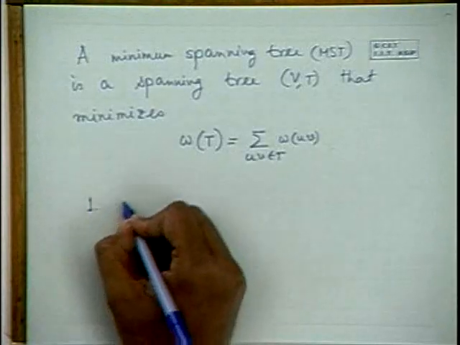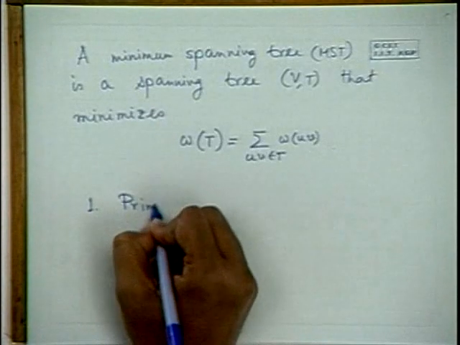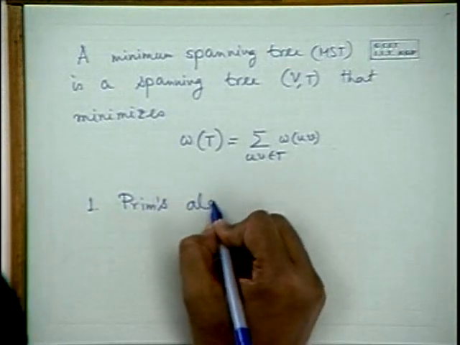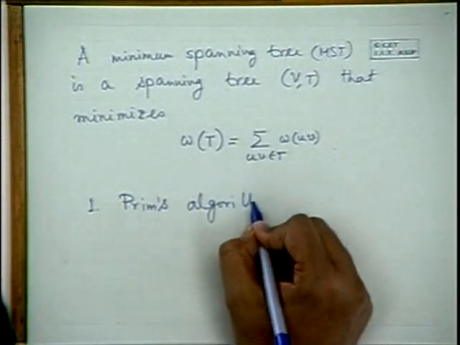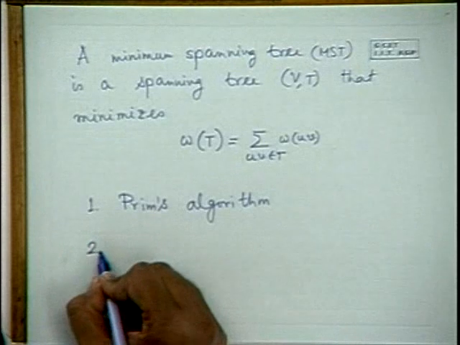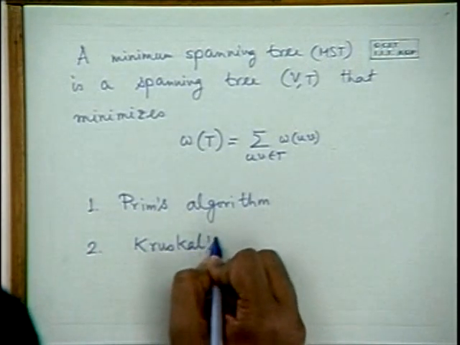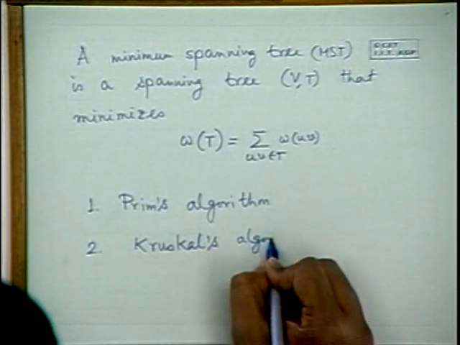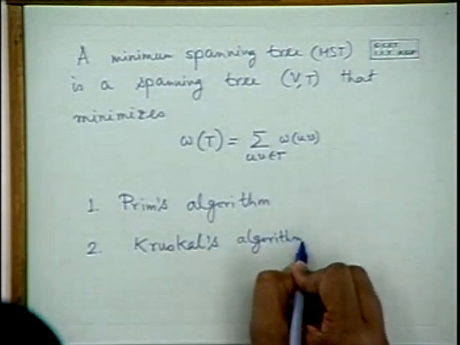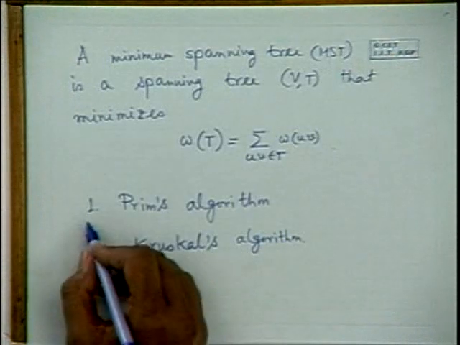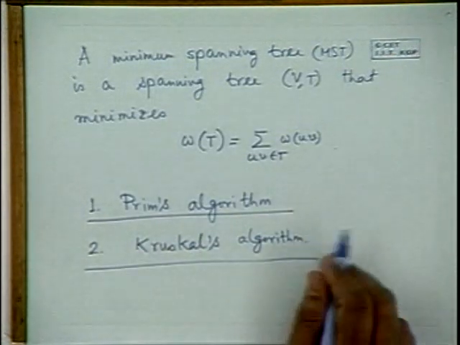One is called Prim's algorithm. Second is called Kruskal's algorithm. We will study both.